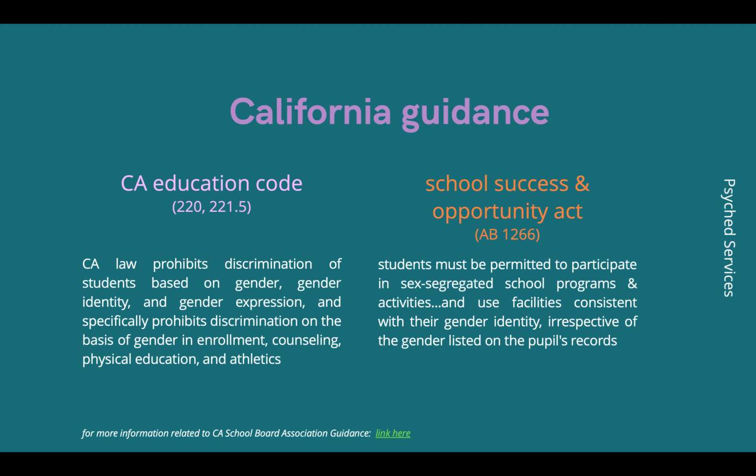That's regardless of what gender is listed on their records, they are permitted to participate in the programs and activities and use the facilities that are congruent with their gender identity. So those are two important things to note. There's obviously a lot more to that, but those are the broad overviews.